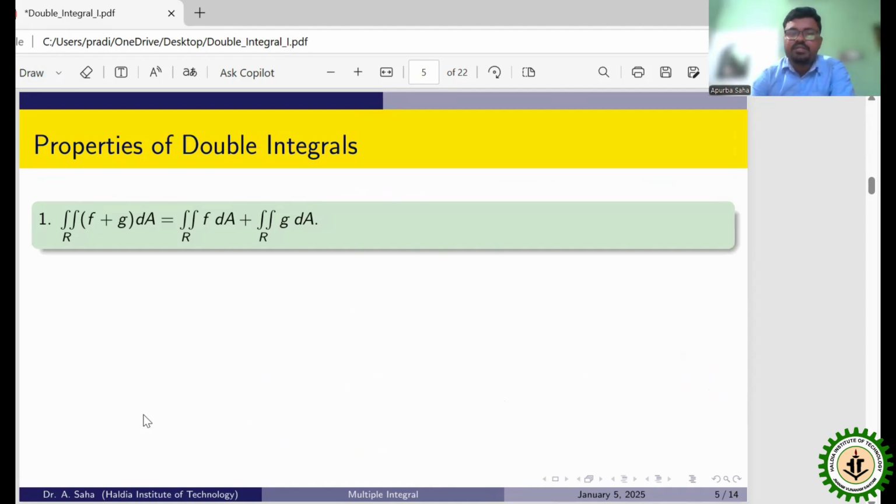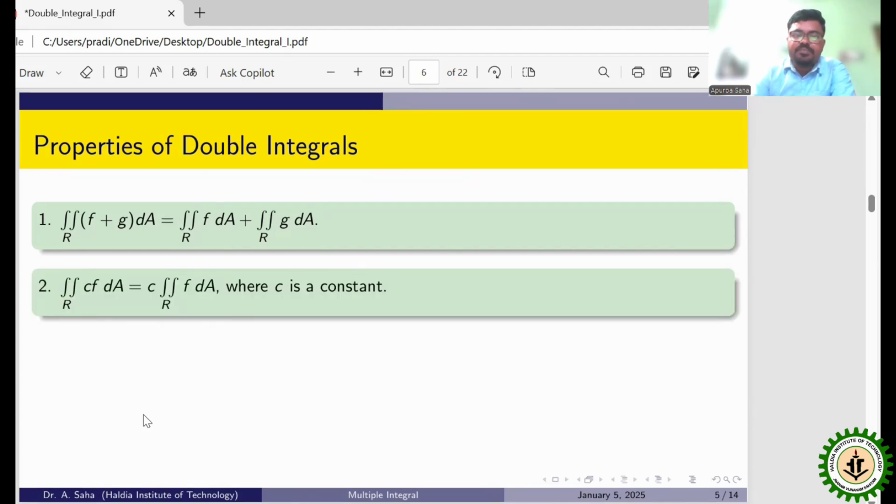Now we see some properties of the double integral. Similar to integration of a function of single variable, if f and g are two integrable functions on the region R, then the double integral of (f plus g) dA equals double integration over R of f dA plus double integration over R of g dA.